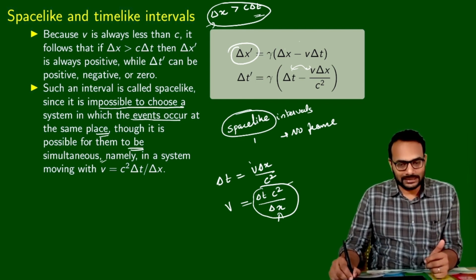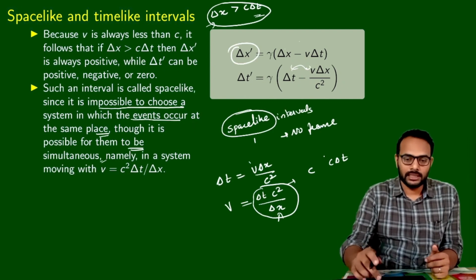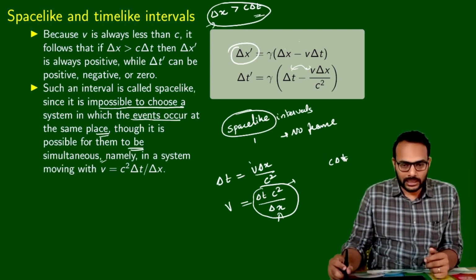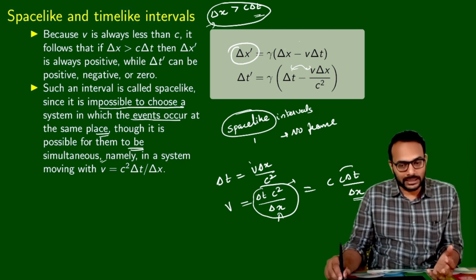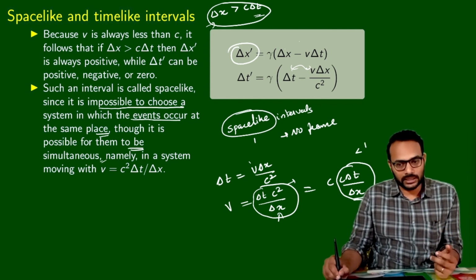You could easily see this. You could write this as c multiplying c delta t divided by delta x. We are talking about the case where delta x is greater than c delta t. So c delta t divided by delta x would be less than 1, because the denominator is greater than the numerator.